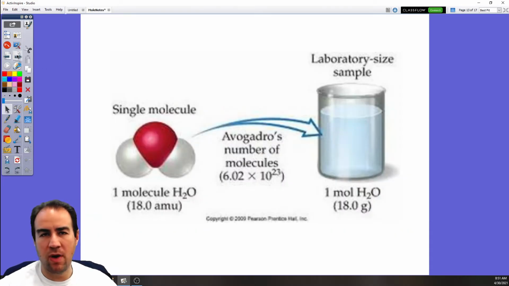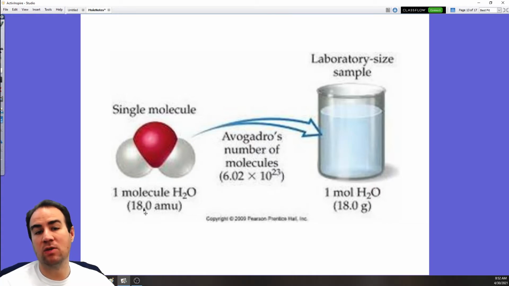So we just talked about AMUs and how to calculate AMUs. You take the atomic mass of any atom and what atoms are included in any substance, and just add those together, and you get the atomic mass or atomic weight of that substance in AMU. So here we have a picture showing water molecules.